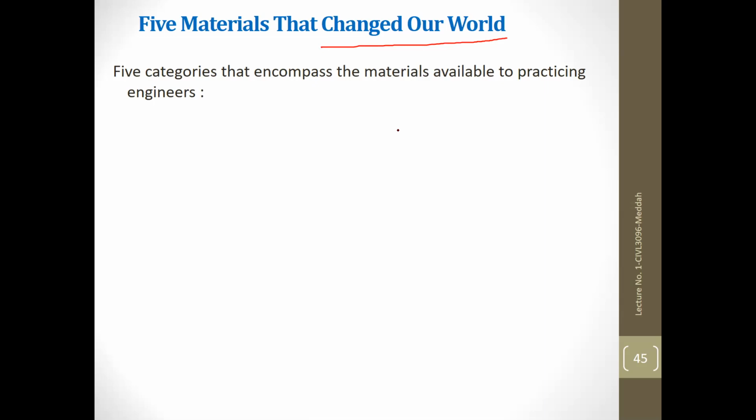So these five categories are available for engineers and also for the general public, but of course we are focusing more on engineers, what materials they are using and how they are using and processing the materials, how they select the materials from the significant portions of materials available.